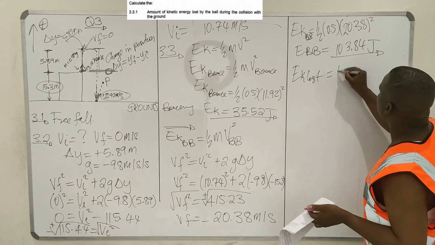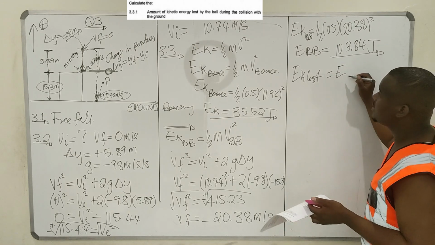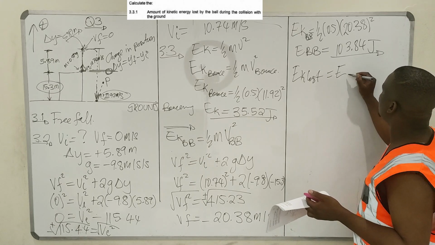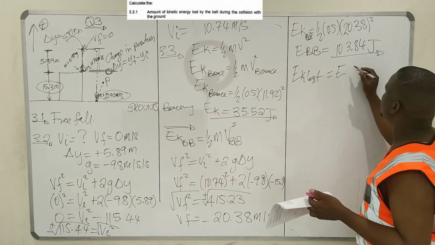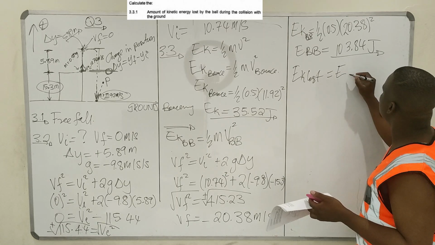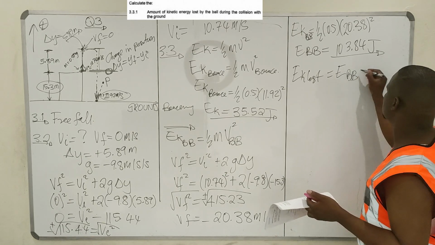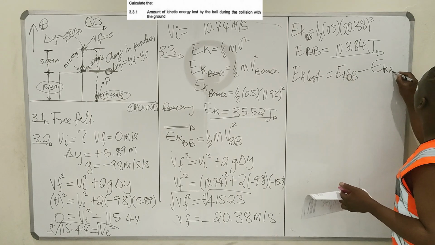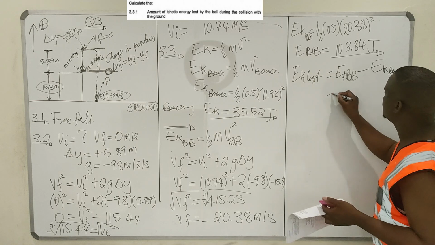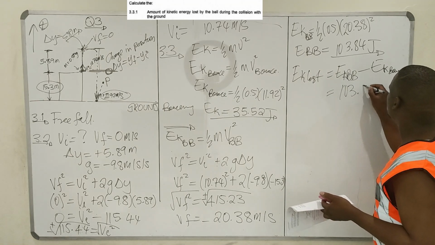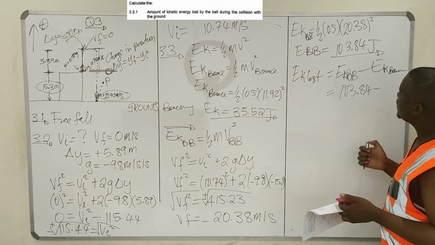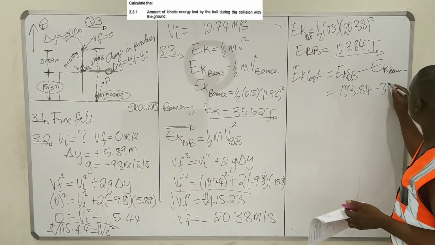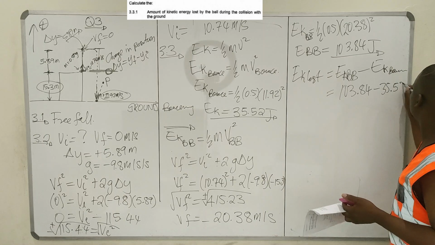So EK lost will be EK before your bounce, which is the bigger one, minus your EK after bouncing. Right. So it will be 103.84 minus EK of the bounce, which is 35.52.